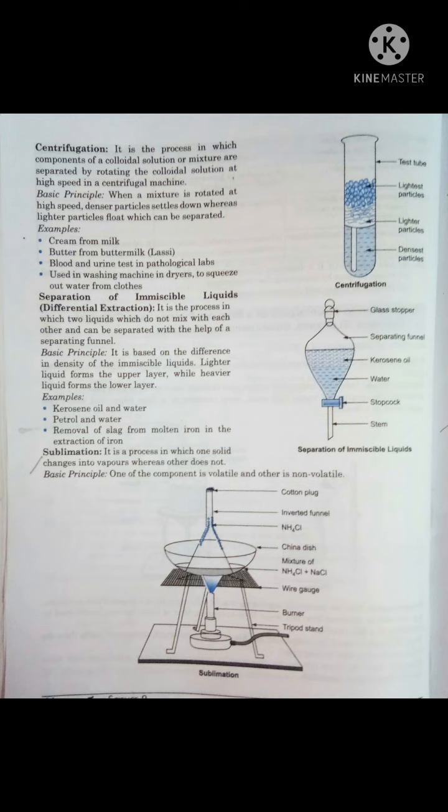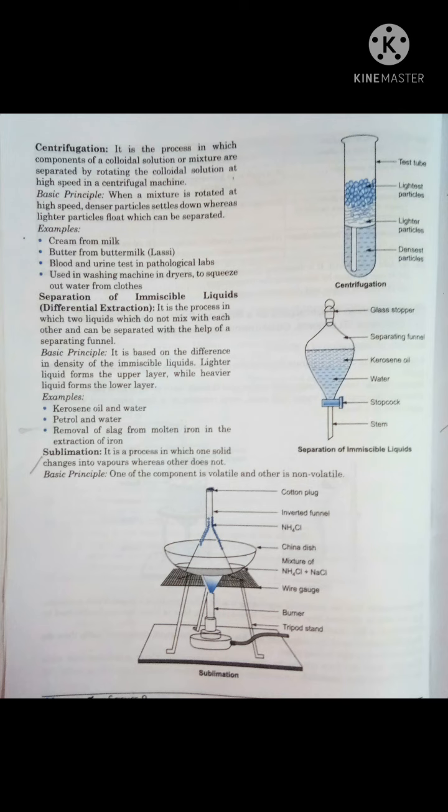You can see the example in the picture on the right hand side. A glass stopper, a separating funnel, kerosene oil taken, water below, and you stop with the cork and stem. There is separation of immiscible liquids. Examples: kerosene oil and water, petrol and water, like this.